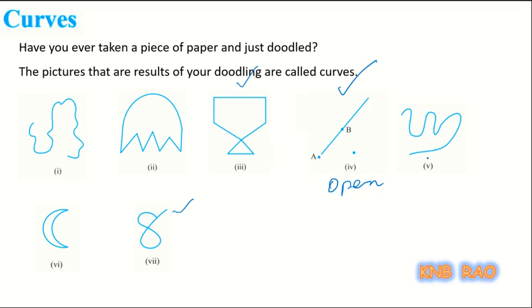It is not meeting as you feel, but mathematically there are ends which you can visibly see. So it is an open curve. In the first one, yes, there are ends which you can identify. So, open curve. But now tell me, in the second one, is it an open curve? Do you find any ends? No. So it is closed. It's a closed curve.